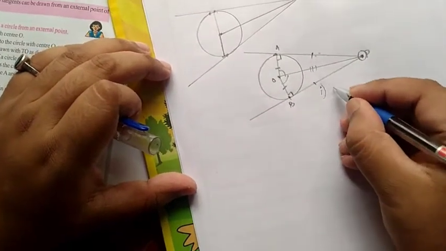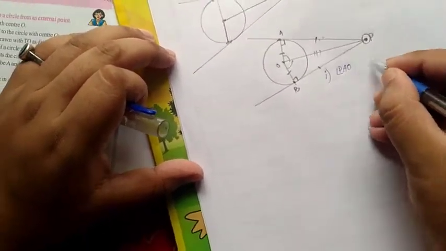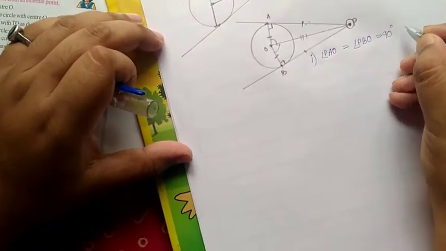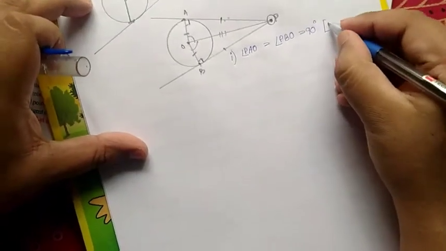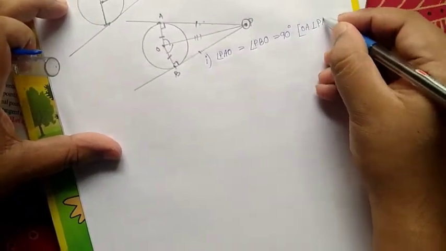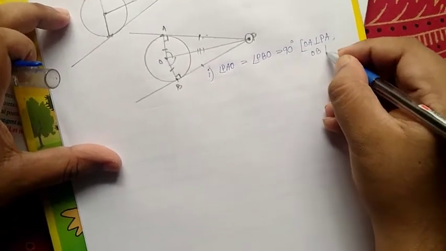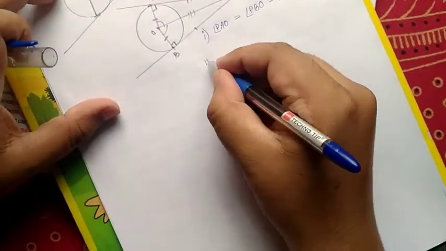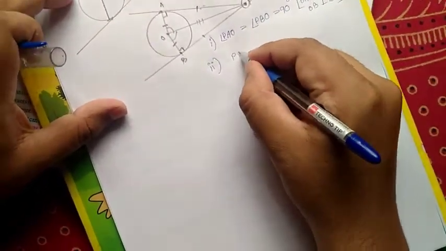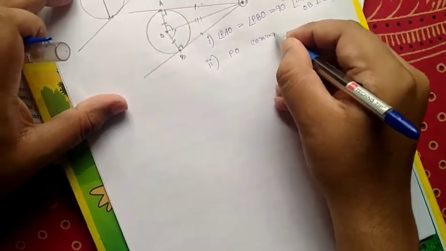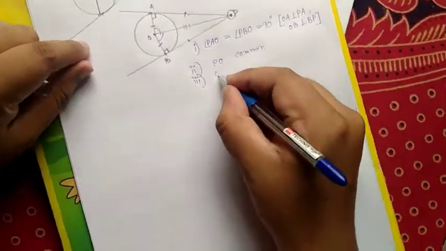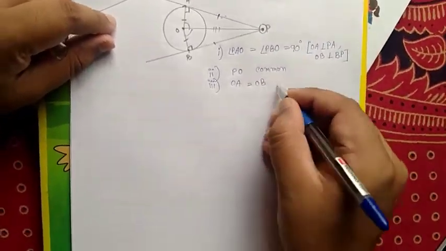So first we can say angle PAO equals angle PBO equals 90 degrees. Why? Because OA is perpendicular to PA and OB is perpendicular to BP. Second, PO is common, and third, OA equals OB, the same radius.